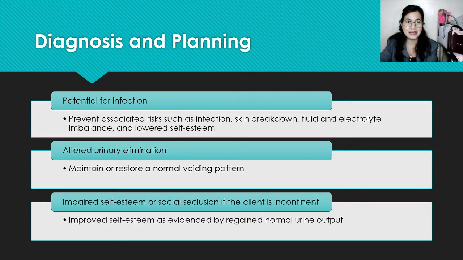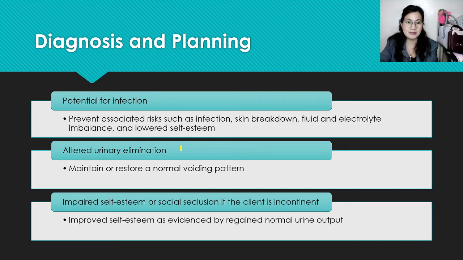For diagnosis and planning, there's some potential for infection in terms of diagnosis. The outcomes are to prevent associated risks such as infections, skin breakdown, fluid and electrolyte imbalance, and lowered self-esteem. Usually, the client does not have all of these, so again, it depends on the condition of the client.